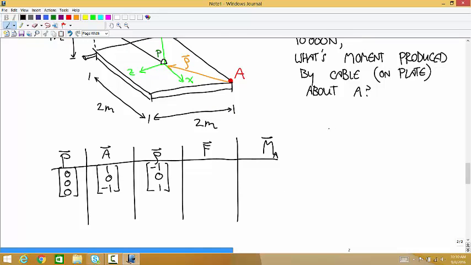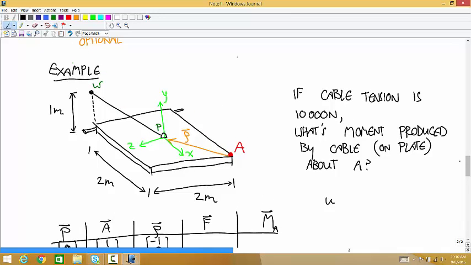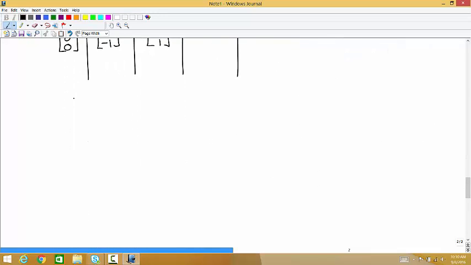And so a vector in the direction of, okay, let me write this more clearly. So the force vector applied by the cable.